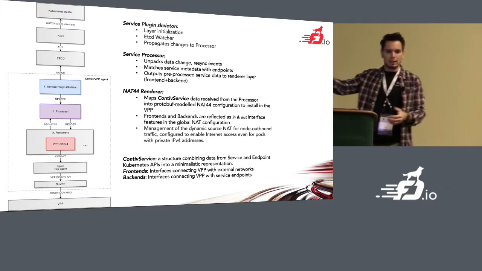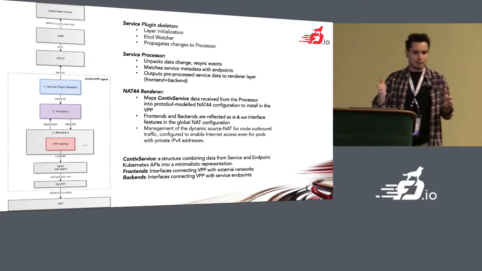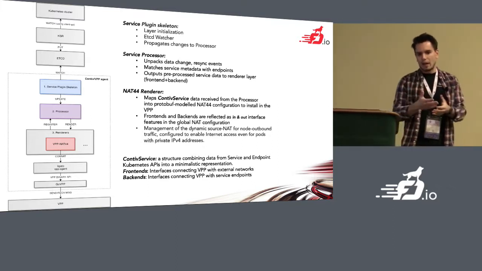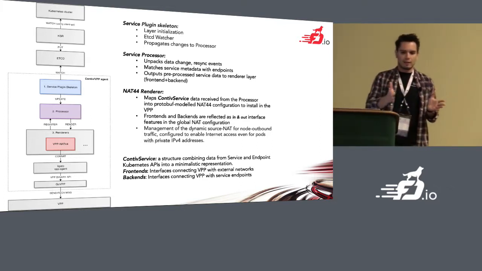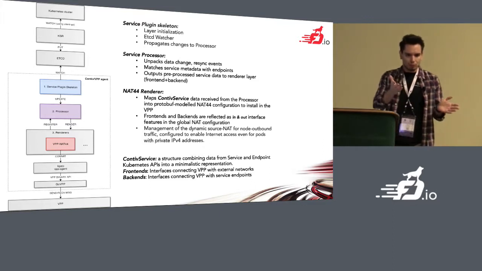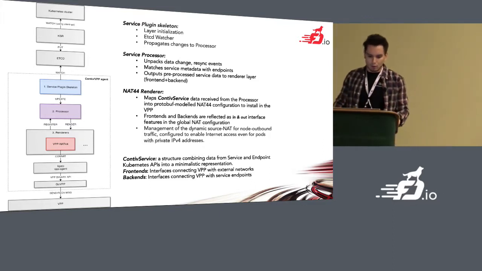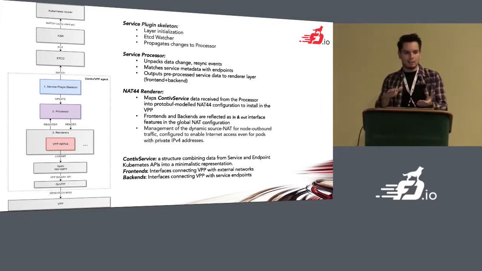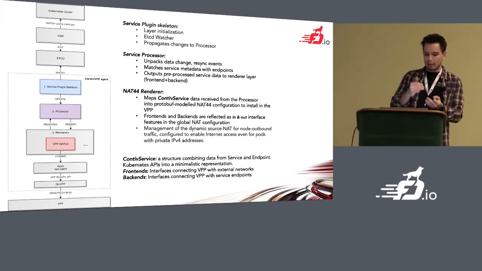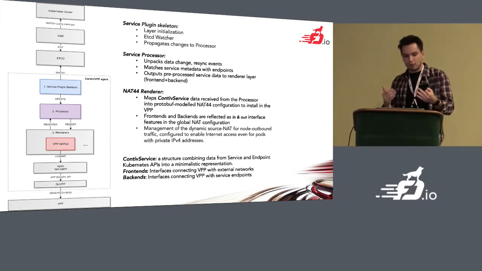It can be VPP, but it can be anything else, you can take that abstract 6-tuple that the processor generates and then push it down to any data plane. The service plugin skeleton is responsible for the layer initialization, and it has an etcd watcher that, like we said, propagates changes to the processor.